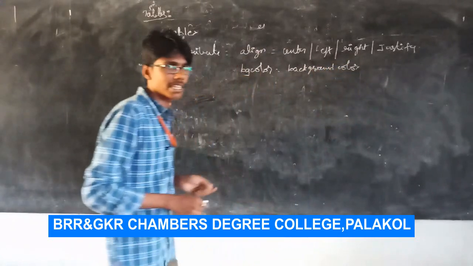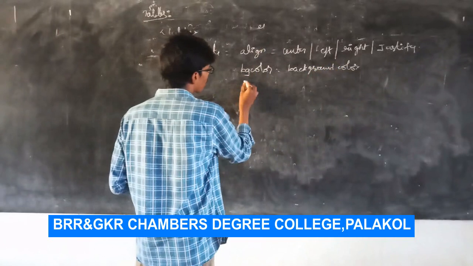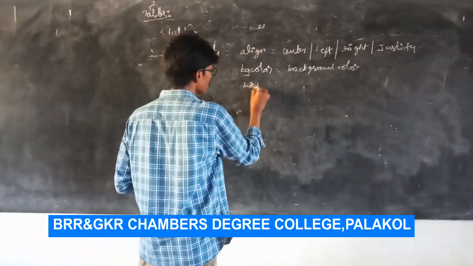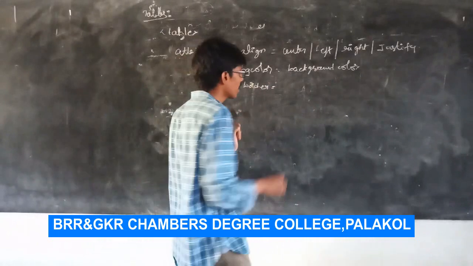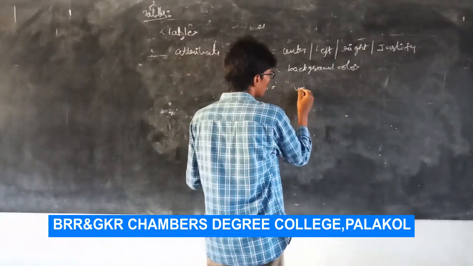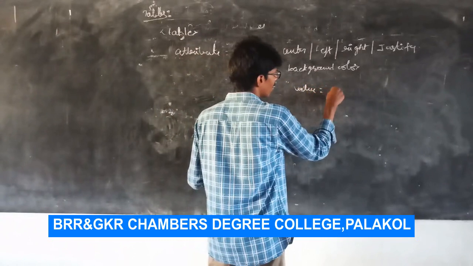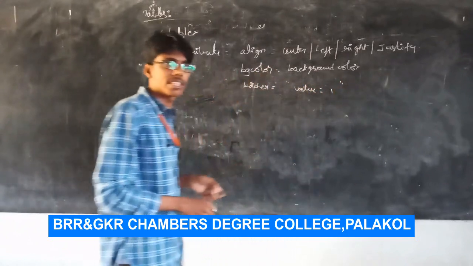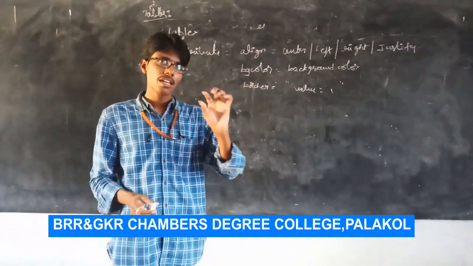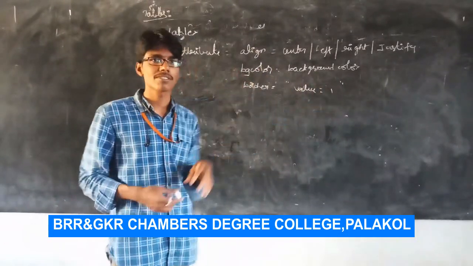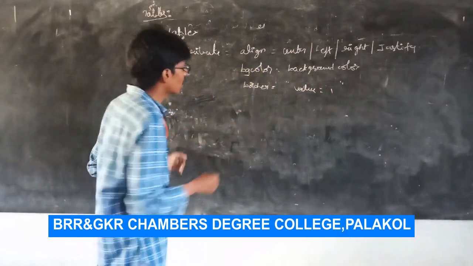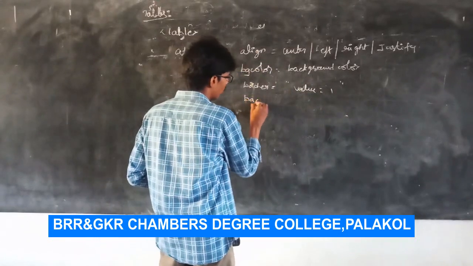After that, another attribute is border. Every table has a border. This can be represented with a numerical value like 1, 2, 3, which is nothing but the thickness; it can vary with the thickness value. After that, background.